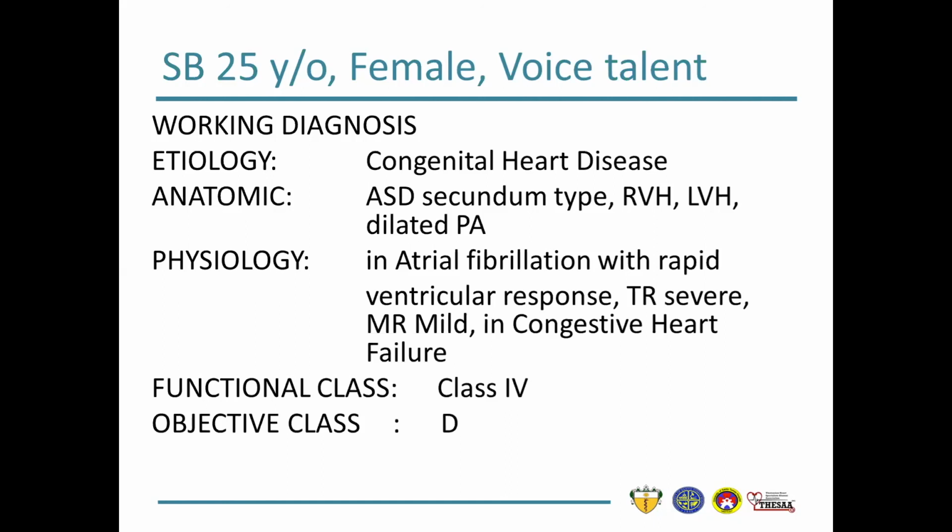Physiologic diagnosis would include atrial fibrillation with rapid ventricular response, severe tricuspid regurgitation, mild mitral regurgitation, in congestive heart failure, functional class 4. And combining all the ancillary procedures, we have a severe heart disease. The objective class is D.